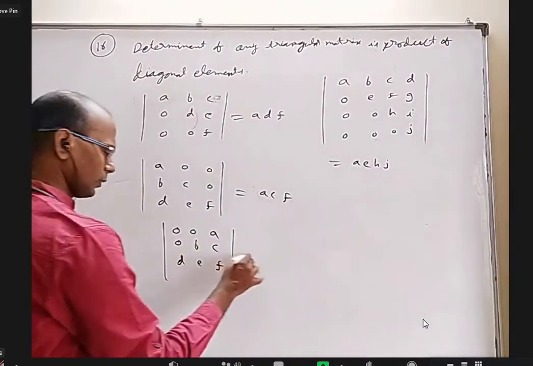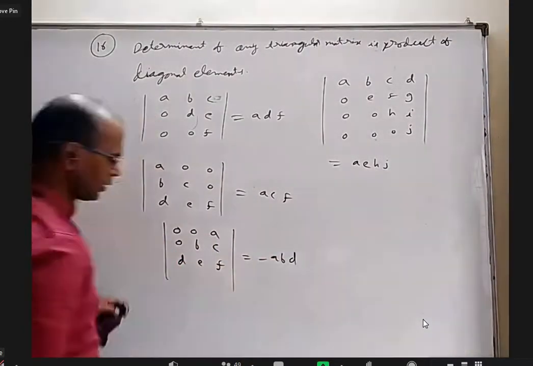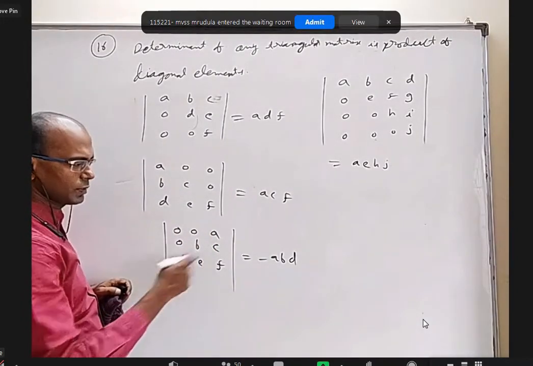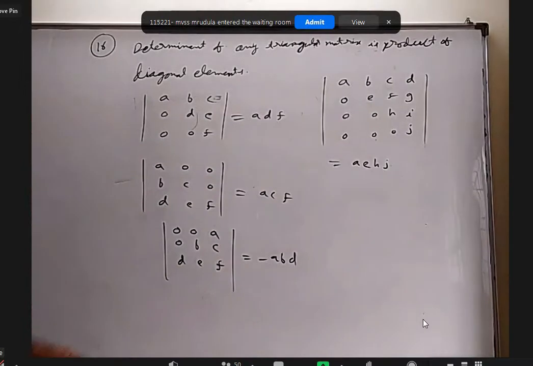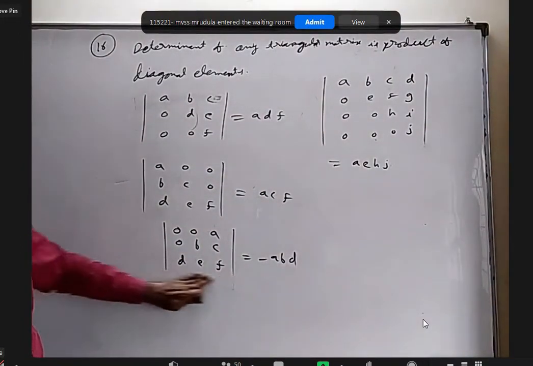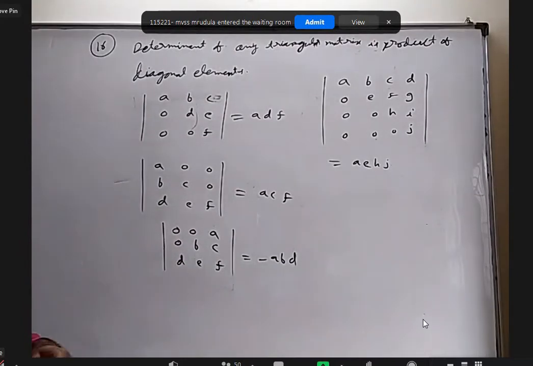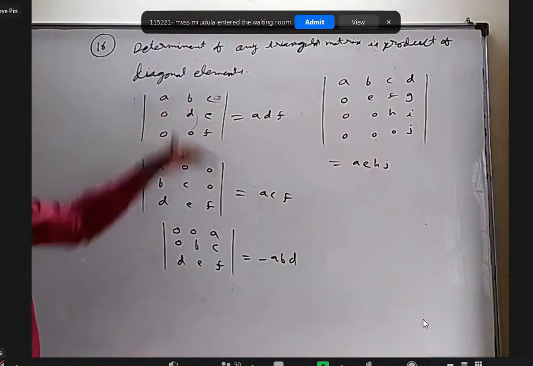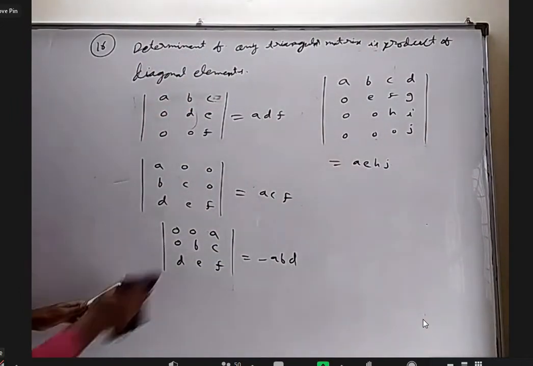Minus ABD, I think. 0 into anything is 0, 0 into anything is 0, A into what will come? 0 minus BD, so minus ABD. So for 3 by 3 it is minus, and for 4 by 4 it may be plus. So even if it is like this, it is still the product of these diagonal elements, but that doesn't come under this formula. That's why I'm not writing it. I'm just telling you, don't worry about this.